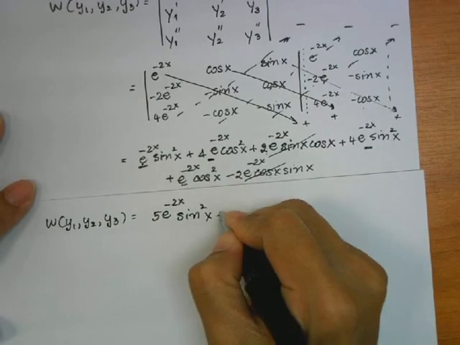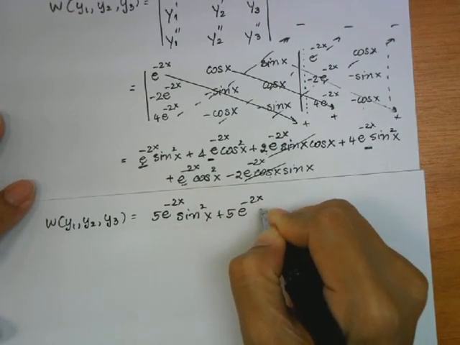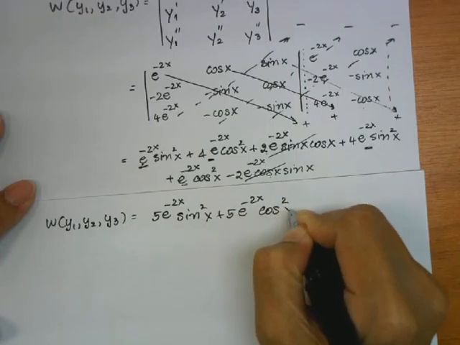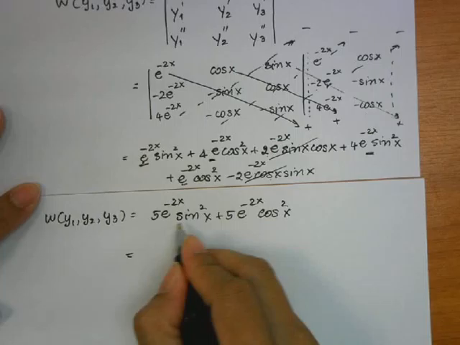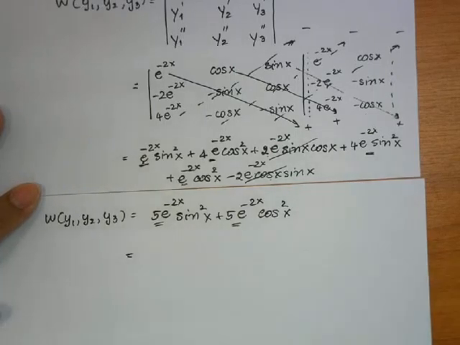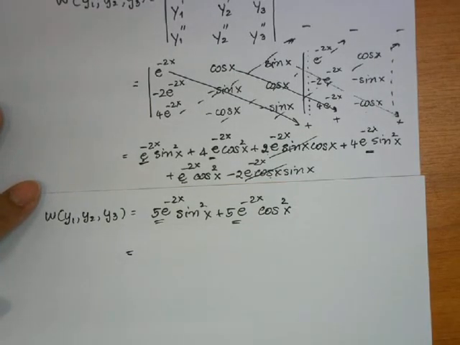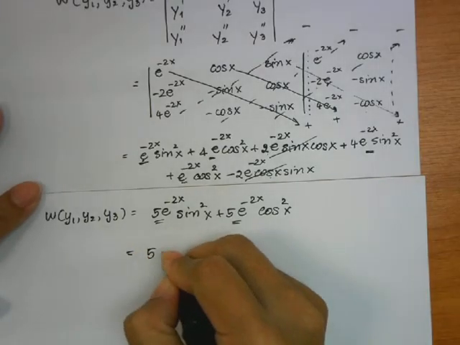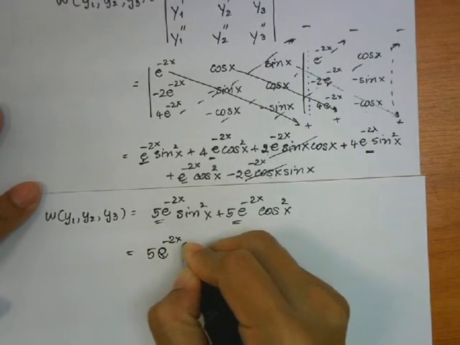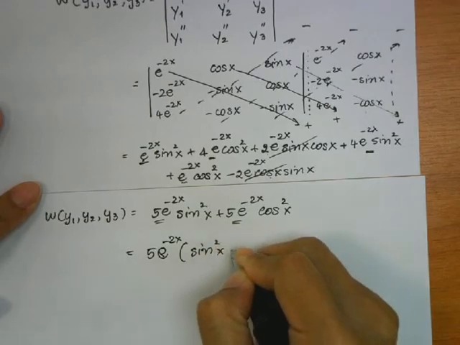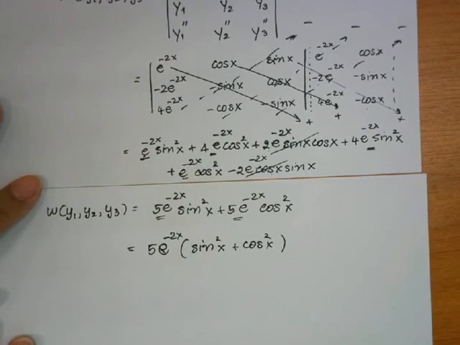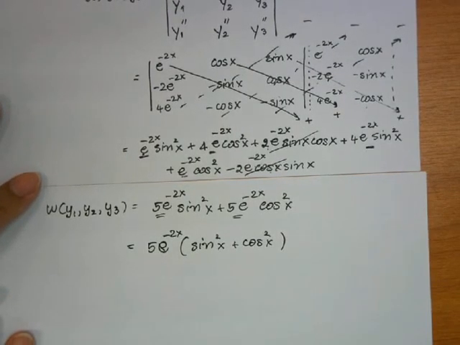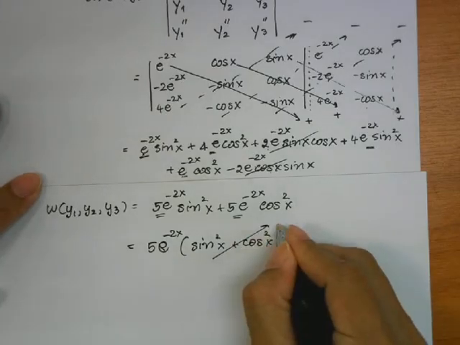You would get 5 exponential of minus 2x cos square x. You see that you have 5 exponential of minus 2x, the same for both terms. To take it out, you would get the property of trigonometry saying that sin square x plus cos square x is equal to 1.